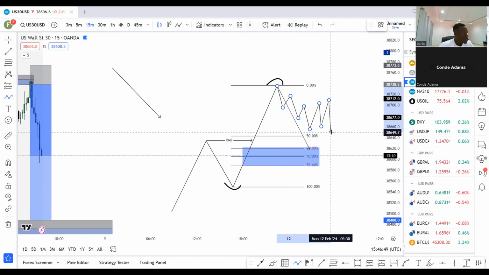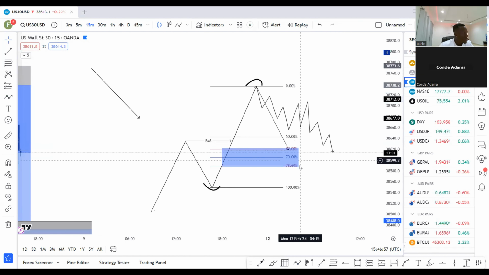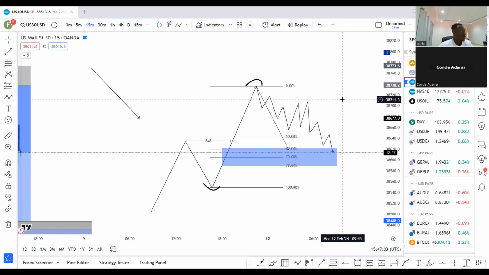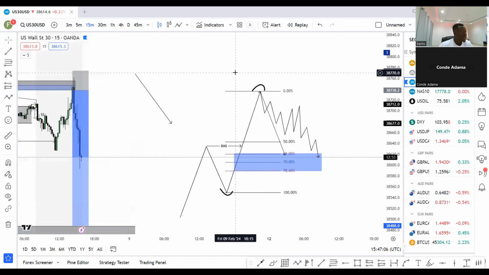Okay, this is basically what price will be doing in the real market. This is what you see price doing until price finally taps into your demand level. You get it? Until price finally taps into your demand level.